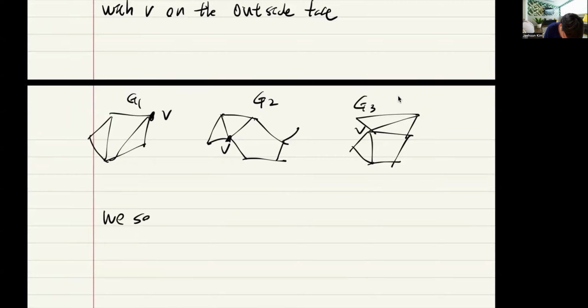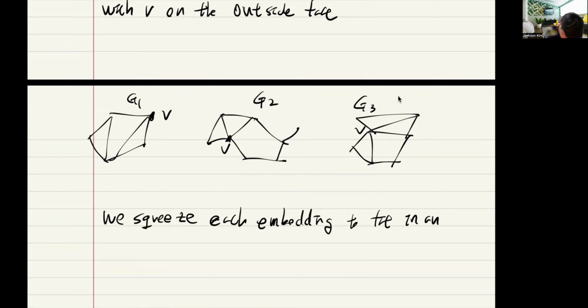And then we want to fit each embedding to fit in an angle smaller than 2 pi over k at B.